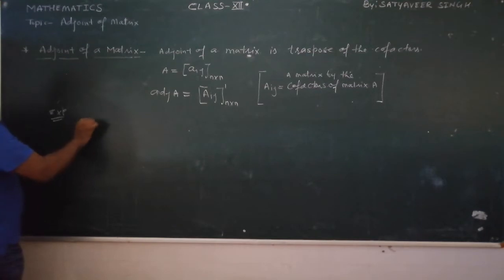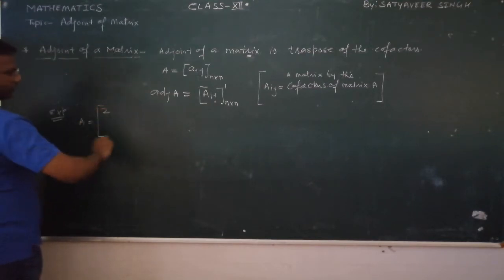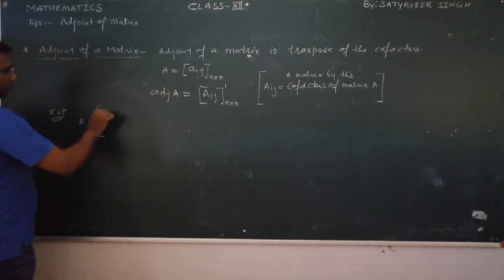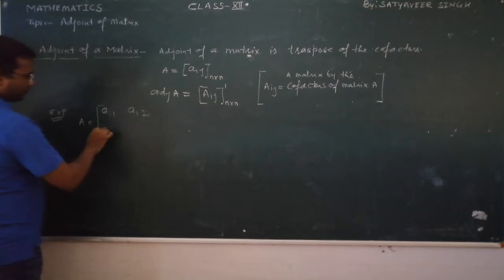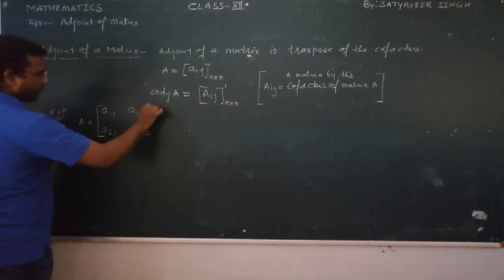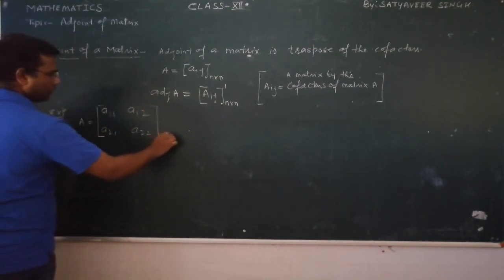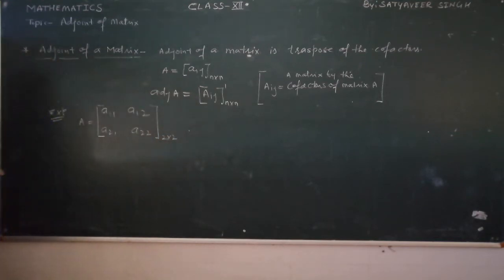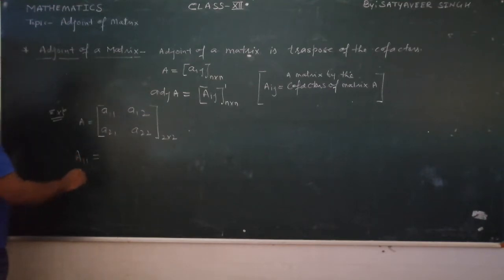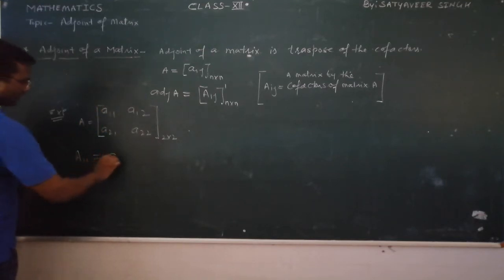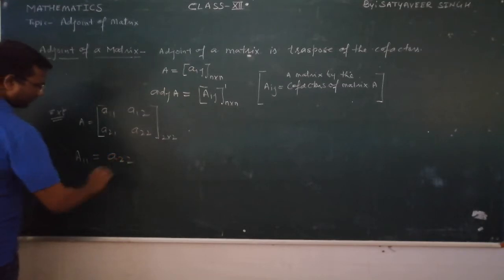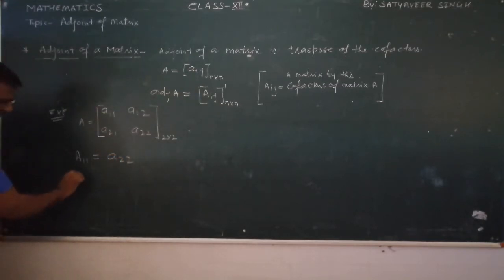If I am taking a matrix of order 2, with the terms A11, A12, A21, A22, the order is 2 by 2, so it is a square matrix. If you find the cofactors: the cofactor of A11 will be A22, you can calculate as per the rule.